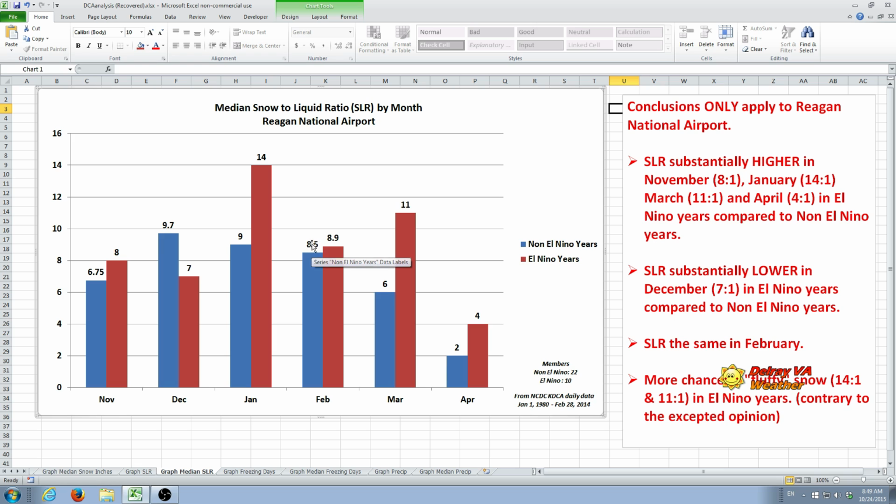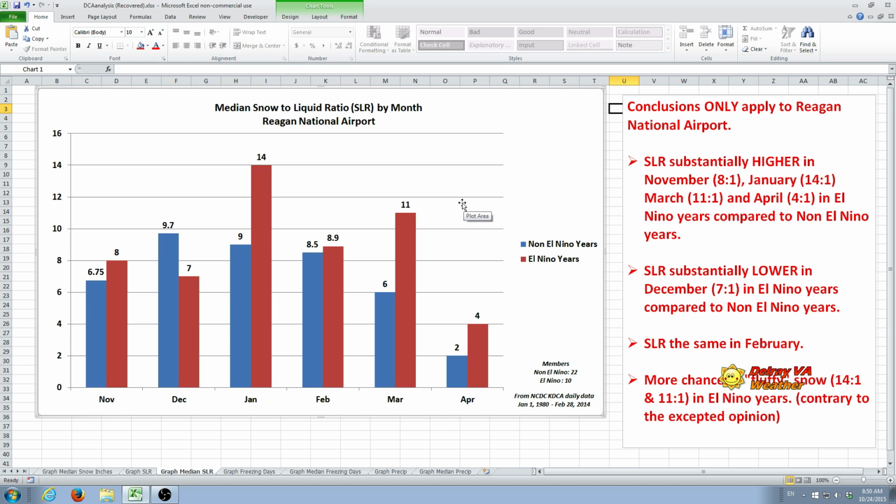Basically you see that they're both about somewhere between 8.9 and 8.5. Now, what this suggests is that in El Nino years, you certainly have more chances, for at least January and March, of a much higher snow to liquid ratio, which suggests that in El Nino years you have a better chance of what's referred to as fluffy snow, a small amount of precipitation producing a large on-the-ground amount of snow.